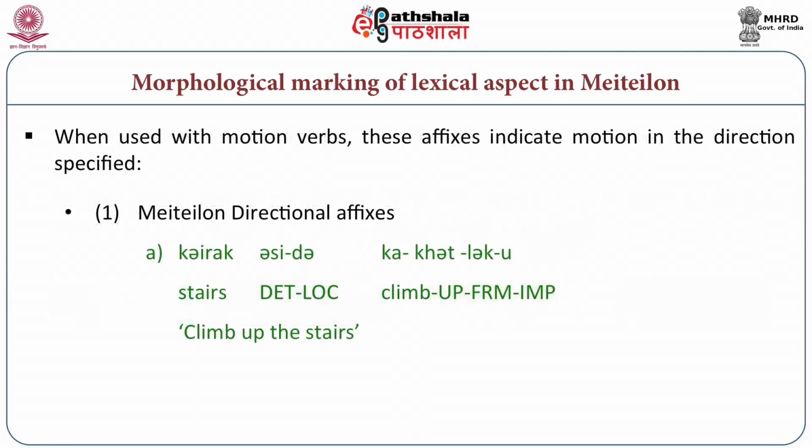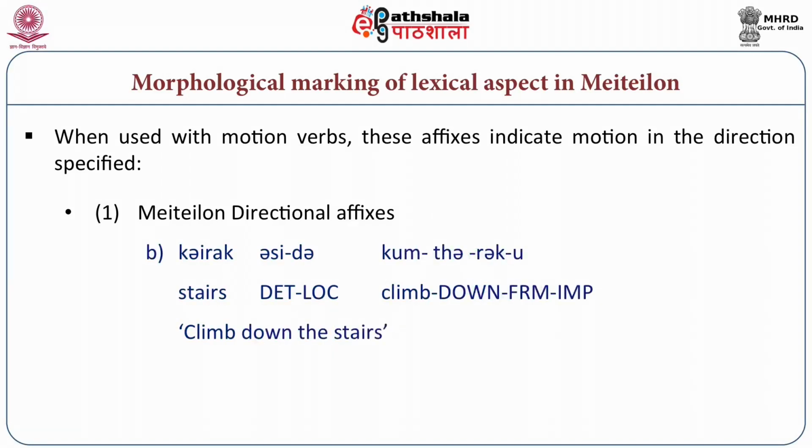When this group of morphemes is used with motion verbs, these affixes indicate the motion in the direction specified. The verb climb up in Meithei involves the verb root ka, to which is added the morpheme khat.